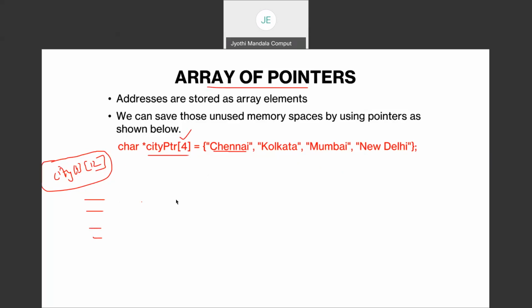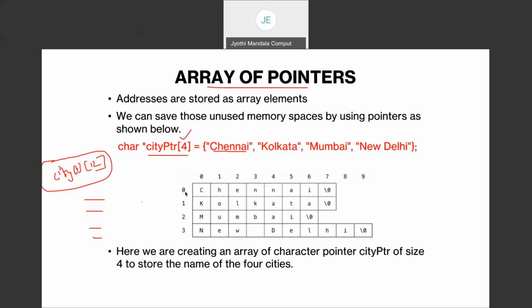Observe carefully, all of you. We have created one pointer array like this. I'll show you the diagram also of how it will be done. If you are writing like this, then what happens? As we have written 4, it will be creating 4 locations, and in the 4 locations, it will be storing the value, exactly the amount of memory required.